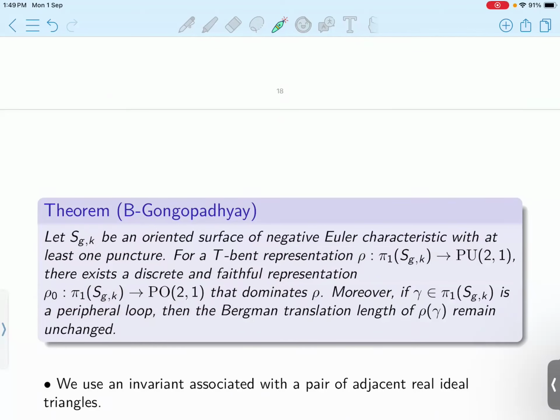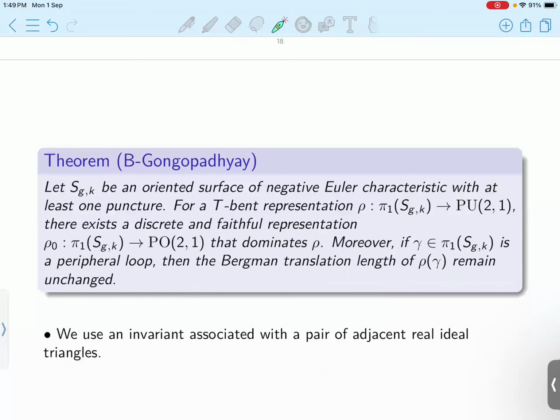Moreover, if gamma is an element in pi_1 S_{g,k} which is a peripheral loop, meaning a loop around the puncture, then the Bergman translation length of rho gamma remains unchanged.